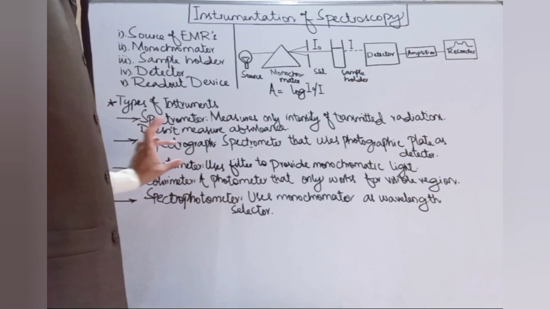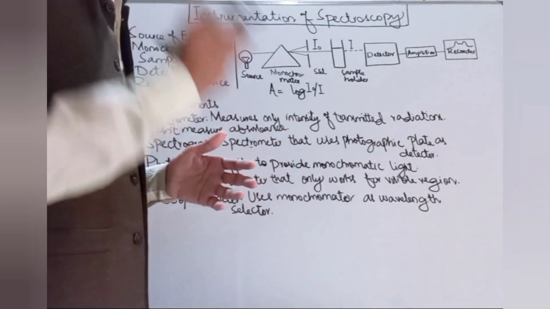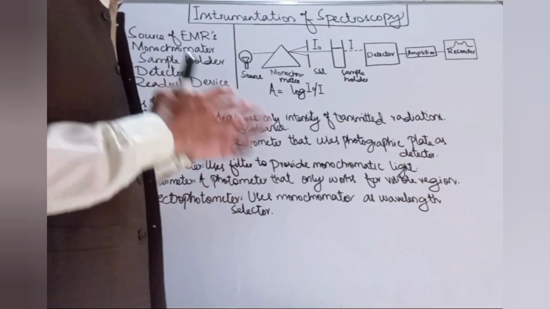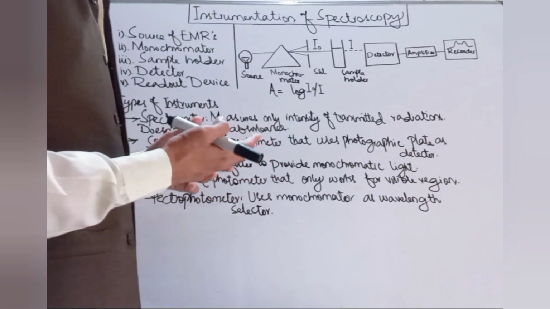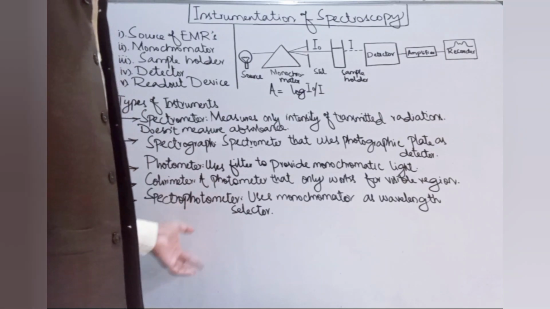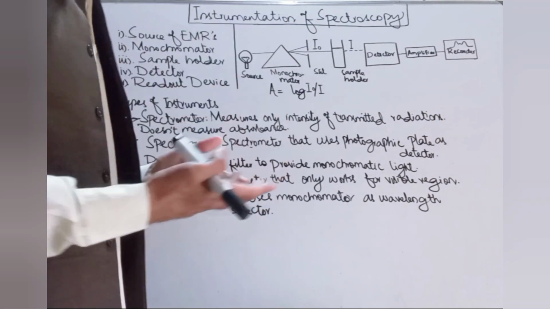So the difference between the filter and monochromator is that a filter uses the absorbance phenomenon to get the specified wavelength, whereas the monochromator uses the dispersion phenomenon or the diffraction in order to get the monochromatic light. And the spectrophotometer is an instrument that is mostly used for qualitative analysis.